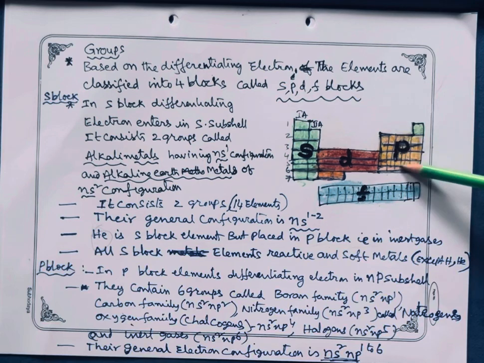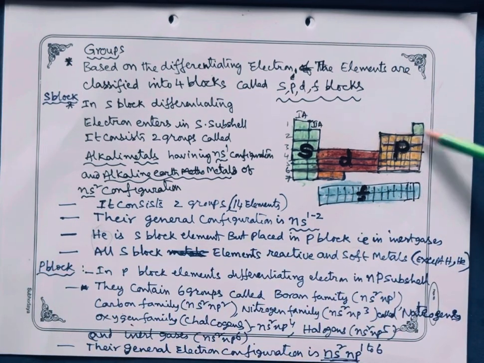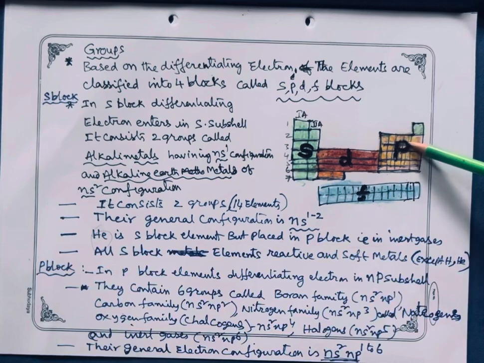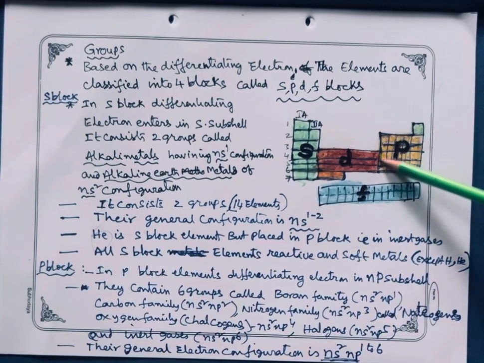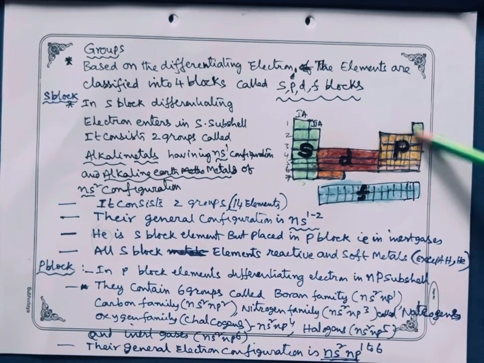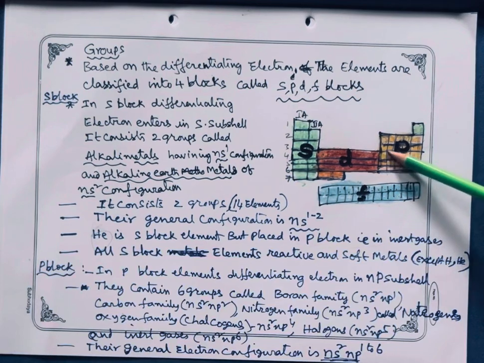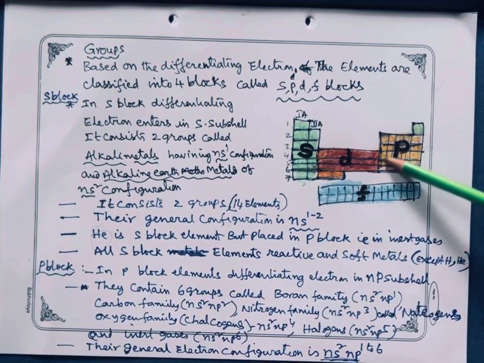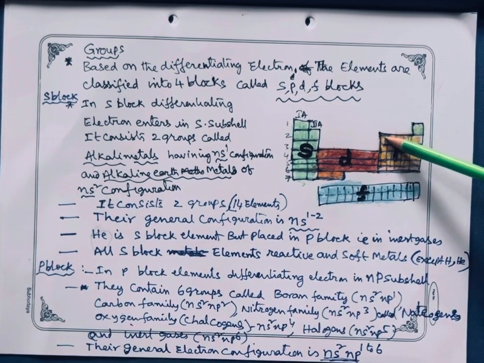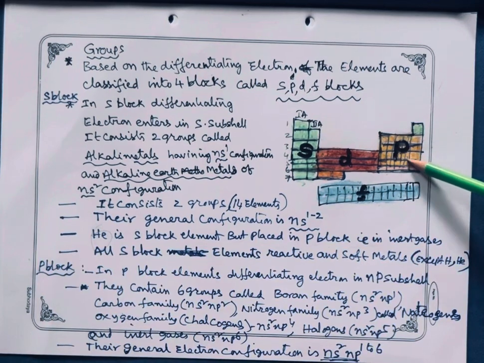In the p block, another peculiarity is there. The elements along the margin are metalloids. These are gases; these you can say are non-metals. This part is metals. This part is semi-metals or metalloids.